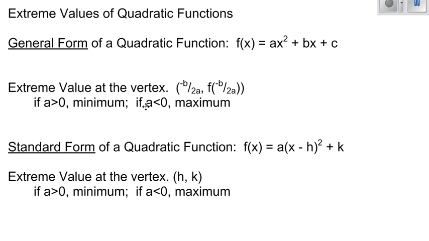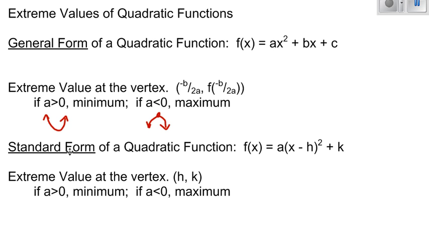If a is positive, the parabola would be opening upward, so the extreme value would be a minimum. The vertex would be the minimum. And if a was negative, it would be opening downward, so the extreme value would be a maximum.